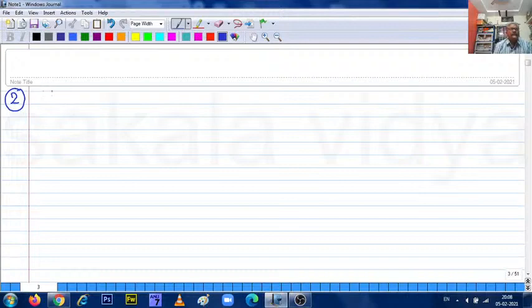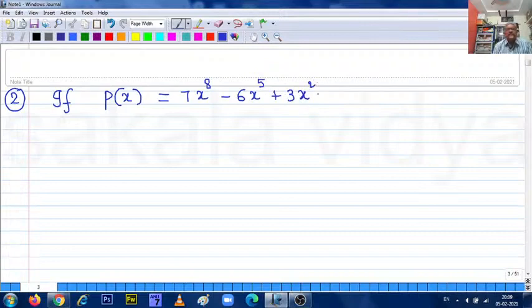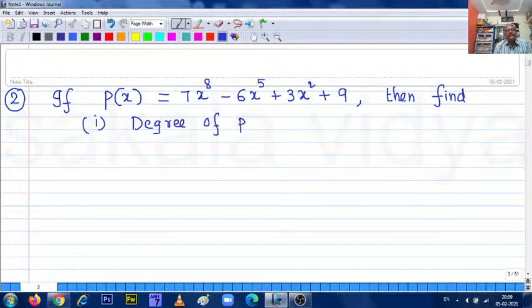Second question. If p of x equals 7x to the power of 8 minus 6 times x to the power of 5 plus 3x square plus 9, then find: first one, degree of p of x, degree of this polynomial.